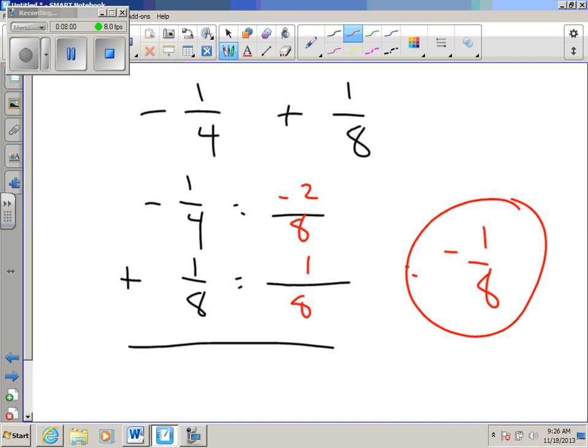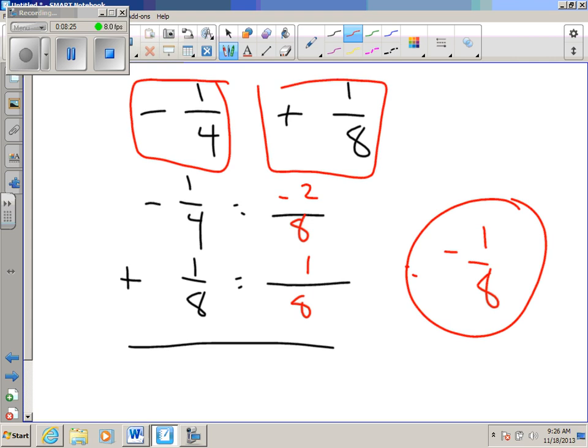Anyone have an idea what I was going to say? Well, here's what I was thinking. Could I have rearranged the problem at all? Because I just have to make sure that if I do move anything, I move it with the sign that's in front of it.